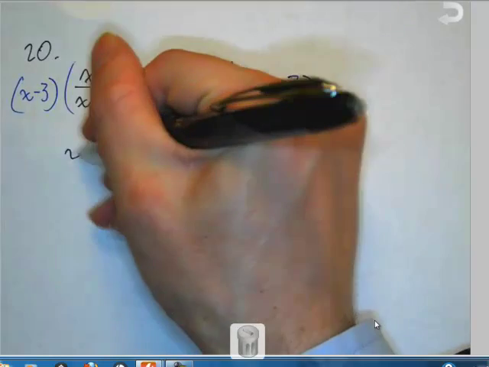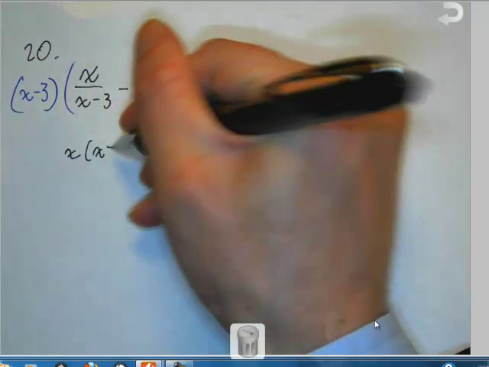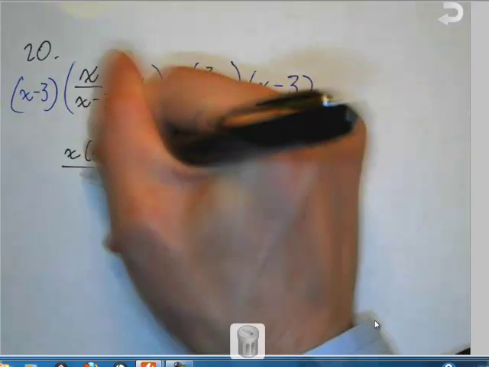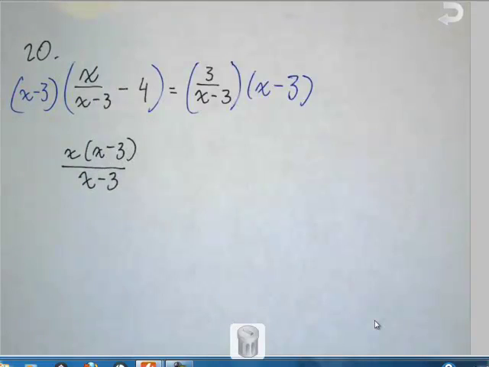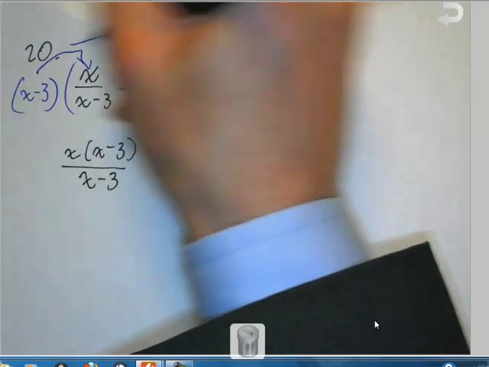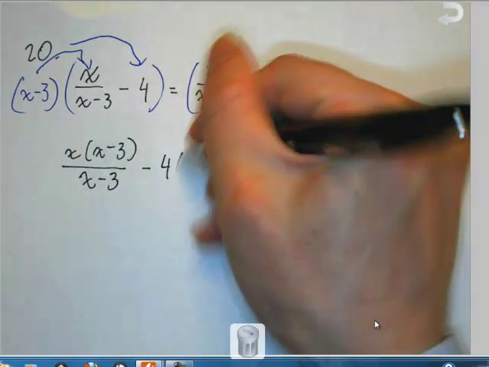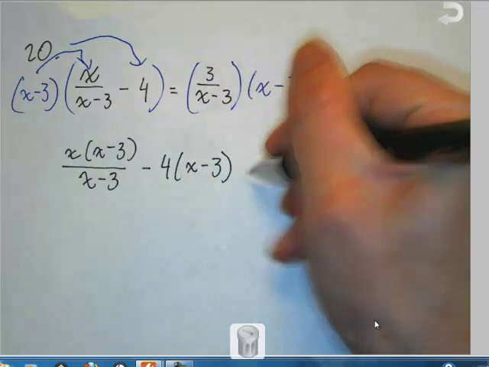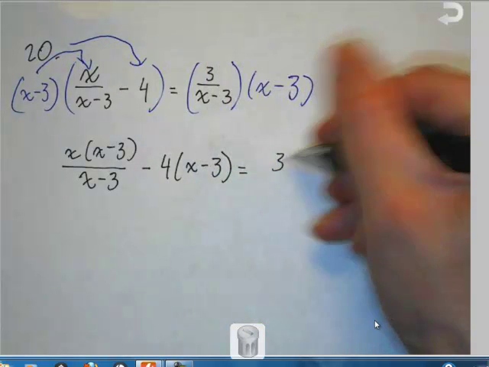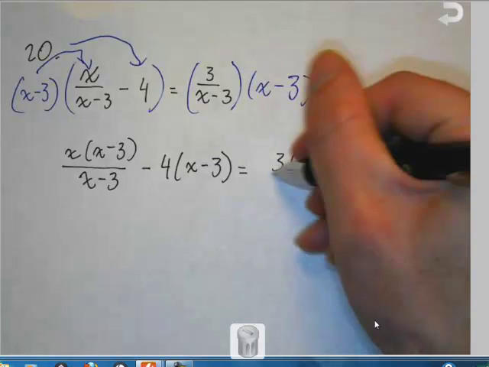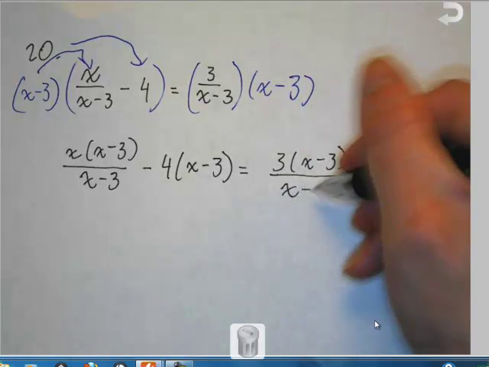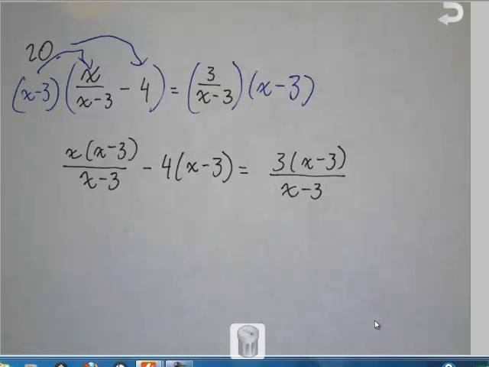So you have x times x minus 3 over x minus 3. That was from the distribution here. Still have the distribution here. So you have minus 4 times x minus 3 is equal to 3 times x minus 3 over x minus 3. Now you cancel what you can.